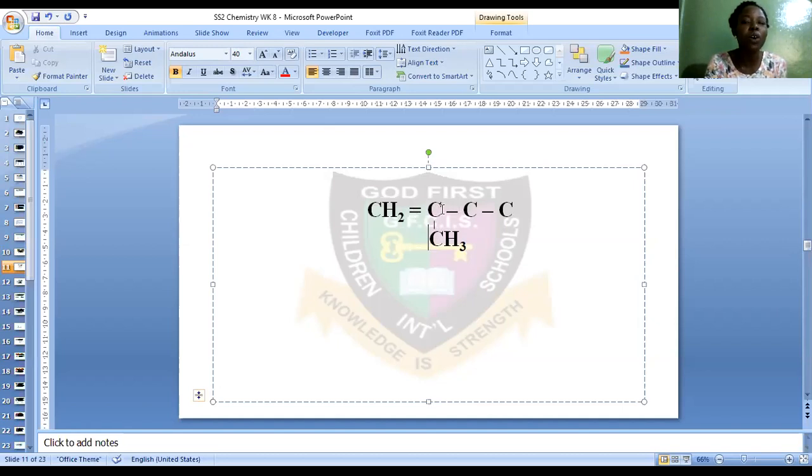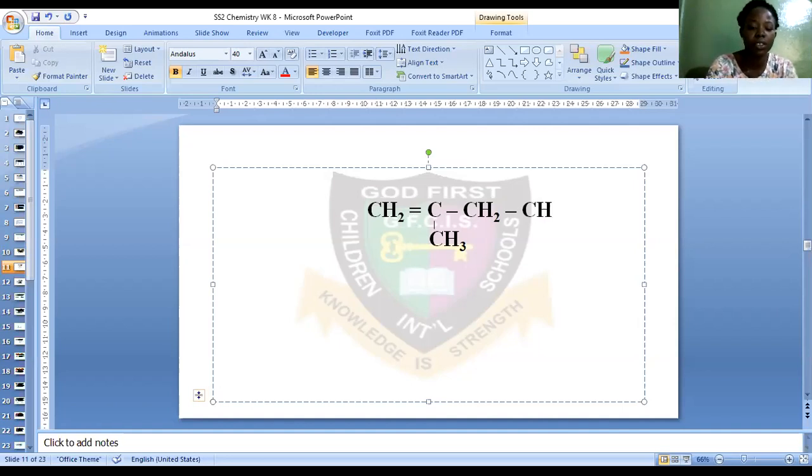So the bond on carbon 2 is complete, so you don't need to add any hydrogen to it. Then consider carbon 3, you have 1, 2, so you need to complete the remaining 2 with hydrogen, so you have H2. Then the last carbon has just 1 bond, so you have to complete it with 3 hydrogens.